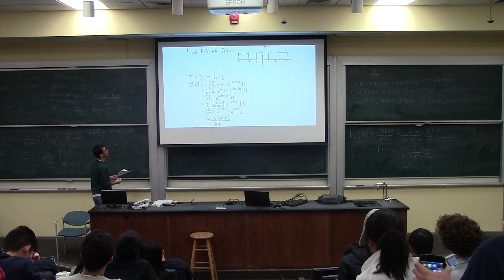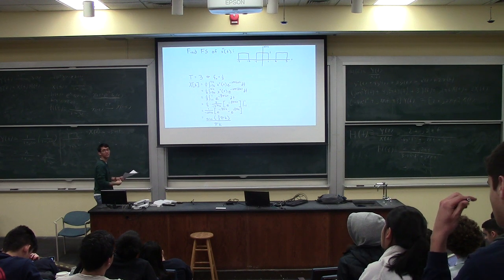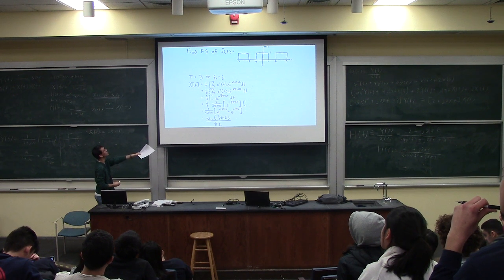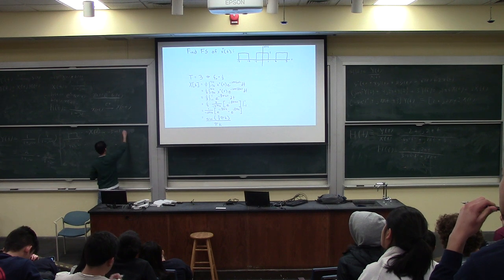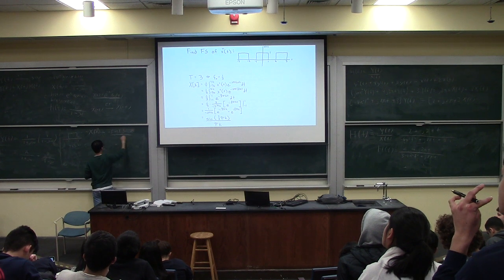Wait, what? Well, the period is 3 here. Should it be just 2 pi k? In this case I guess it would end up being sine pi f over pi f, I think. Is that right? I'd have to check my table.